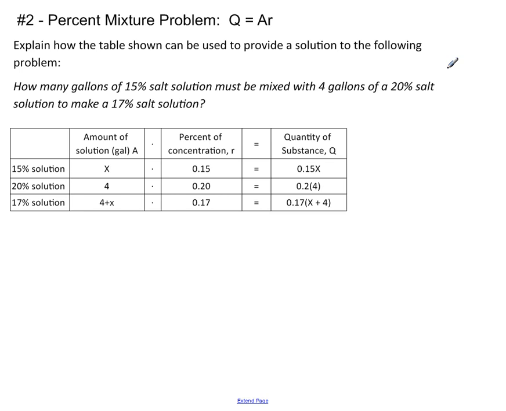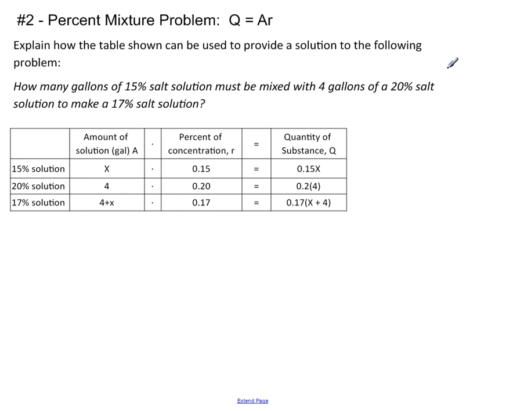The second kind of problem that we're going to want to deal with in these percent problems is what's called a percent mixture problem. This is typical in a chemistry setting, so we're going to use it here to help us solve a problem. To explain how to use this table down here, it's really the same sort of setup that we had when we were talking about our investments.